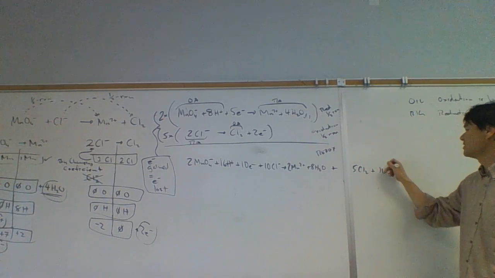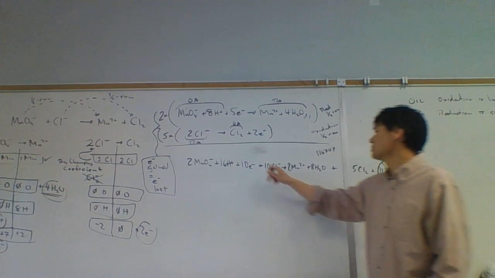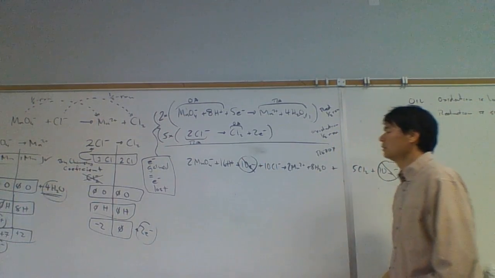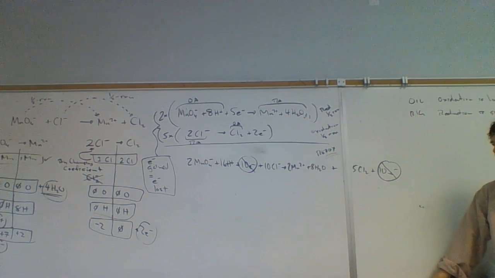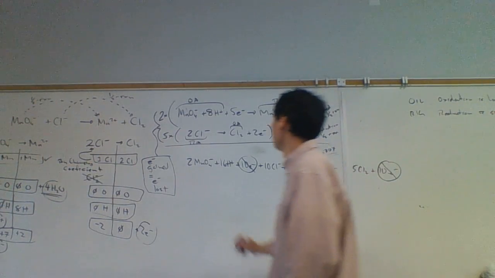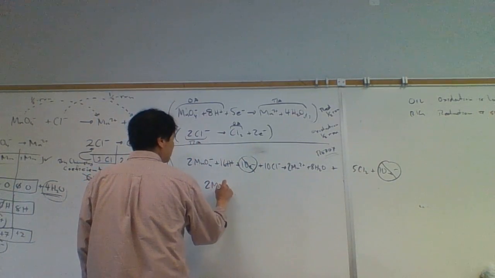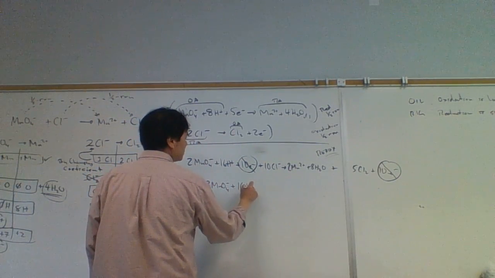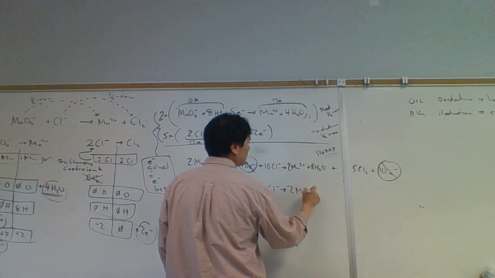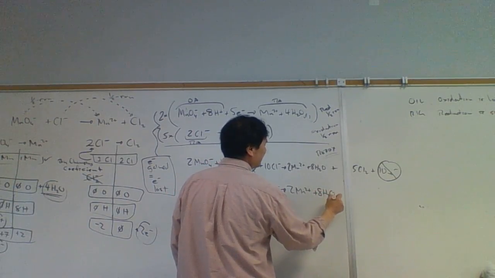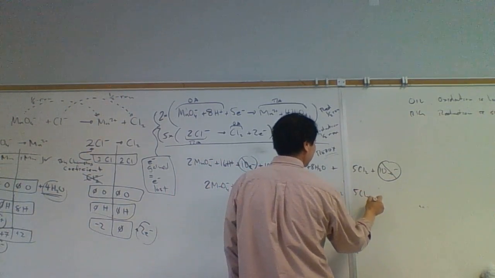Electrons lost equals electrons gained, so electrons must cancel out in a redox reaction. Can we simplify anything else? No, that looks to be it. So we get 2 permanganates plus 16 H plus plus 10 chlorides yields 2 manganese 2 plus plus 8 H2O plus 5 chlorine.